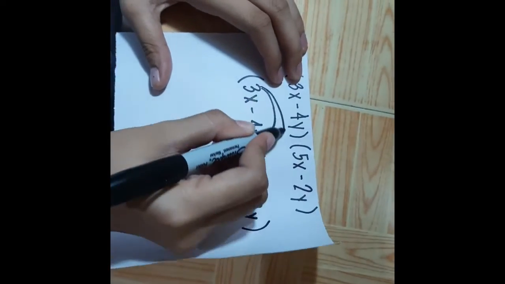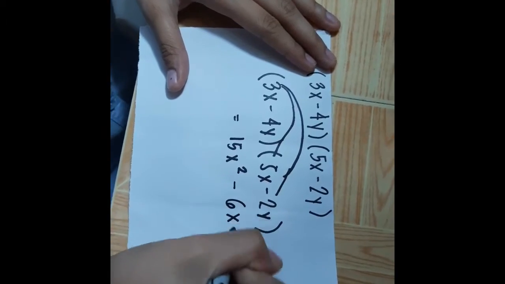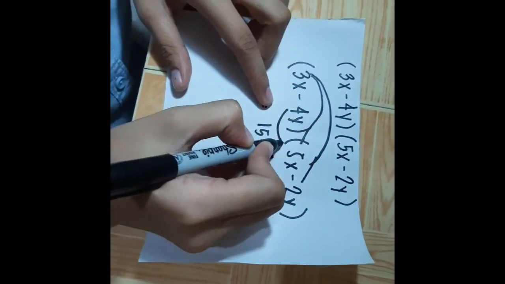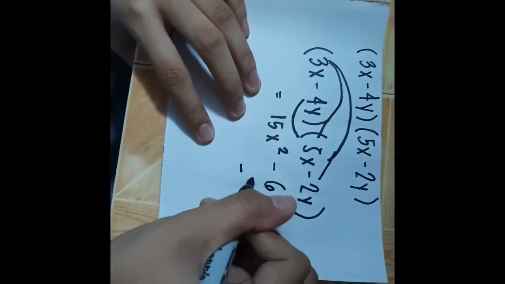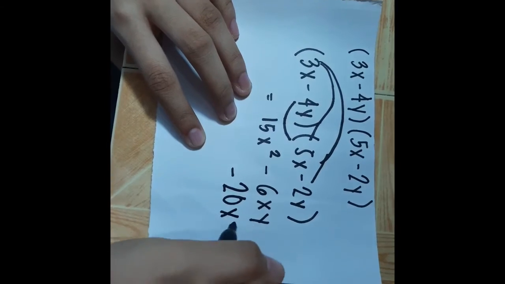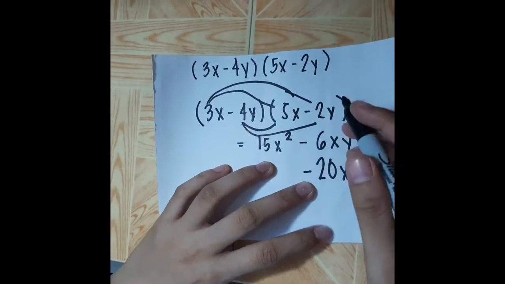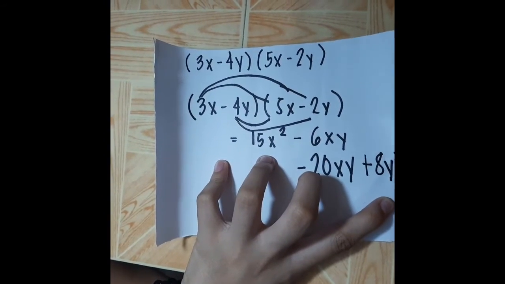Then 3x times negative 2y equals negative 6xy. Then negative 4y times 5x equals negative 20xy. Negative 4y times negative 2y equals plus 8y squared.